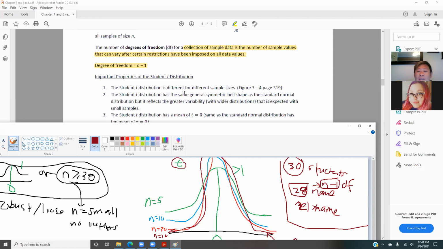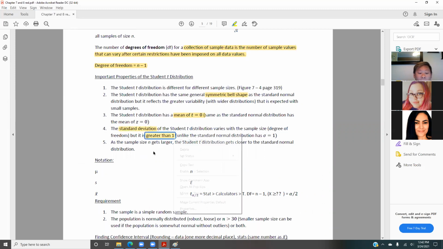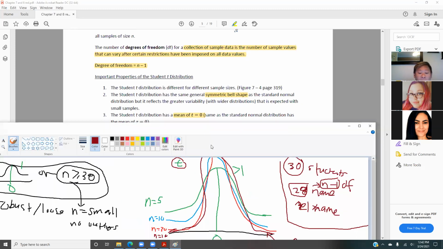So what you need to know is T is a bell shape, like what we just did. It has a mean of 0. The standard deviation is greater than 1. That's what I just pointed out. And if your n is getting larger, your t will be getting closer to your z. So this is what we just wrote down all over here.